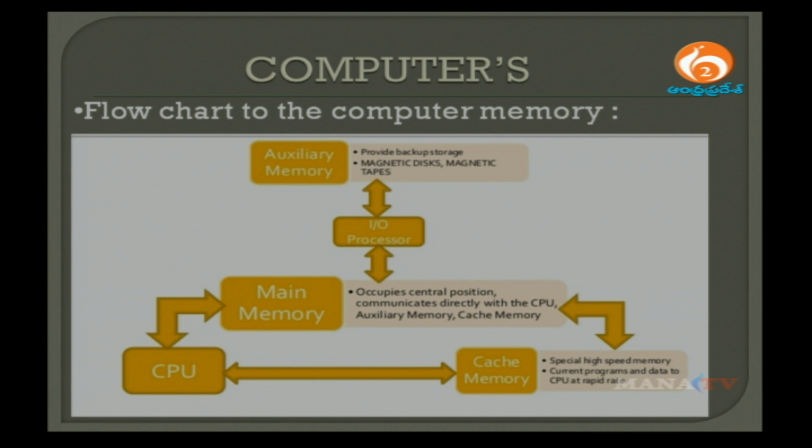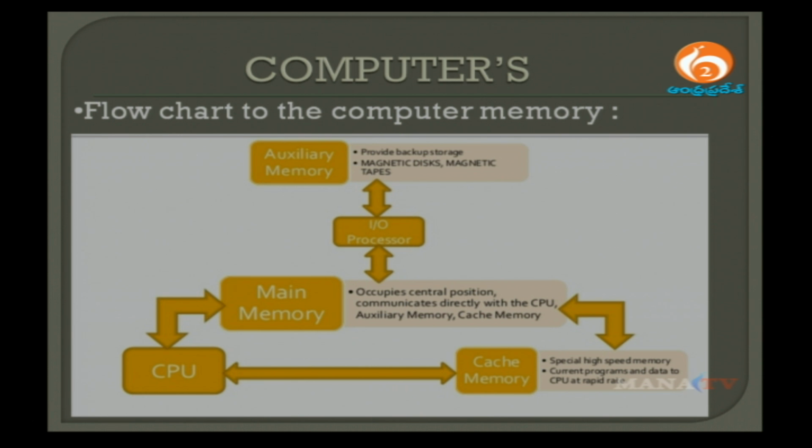Yes. Auxiliary memory provides backup storage, magnetic disks and magnetic tapes. And now when I say I/O processor, it has the same qualities, it deals with the auxiliary memory and the main memory.